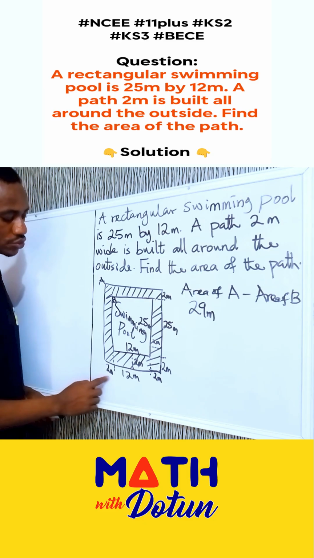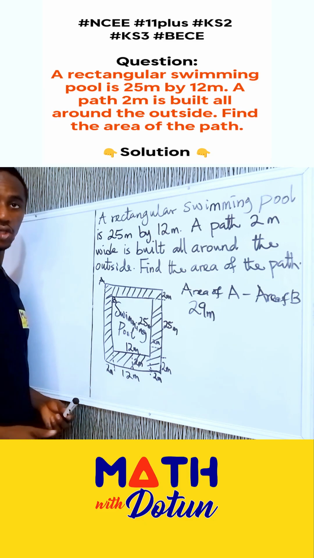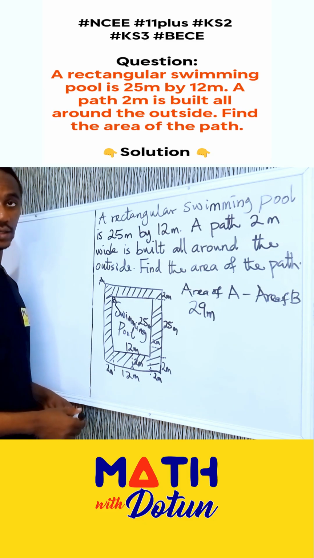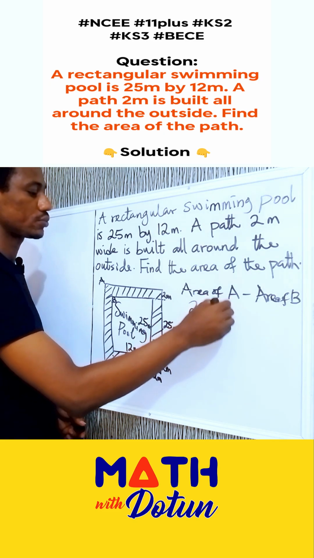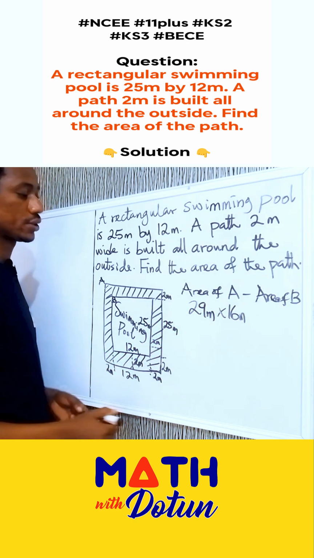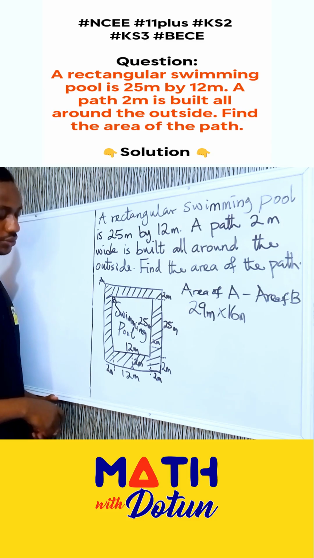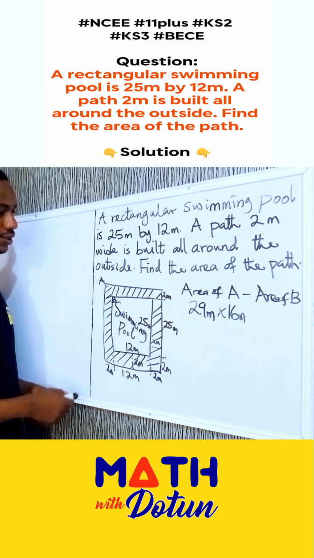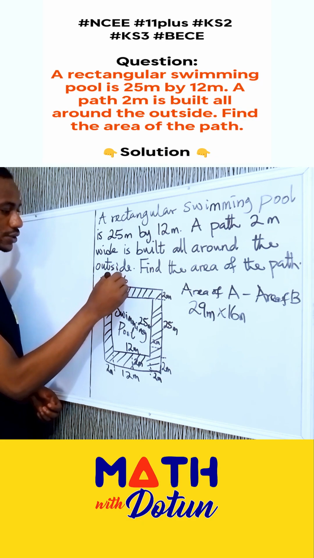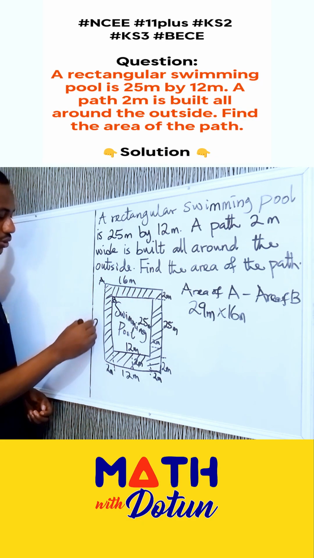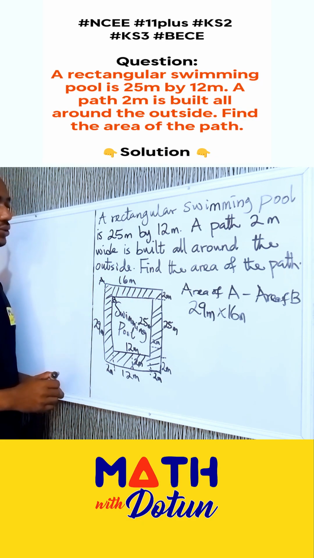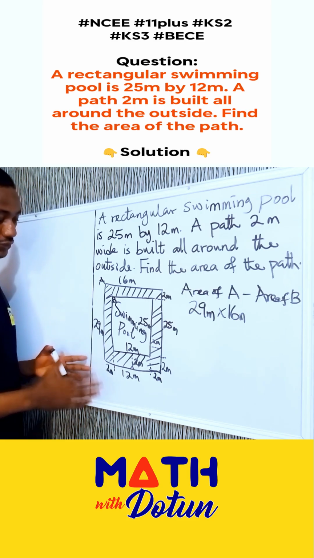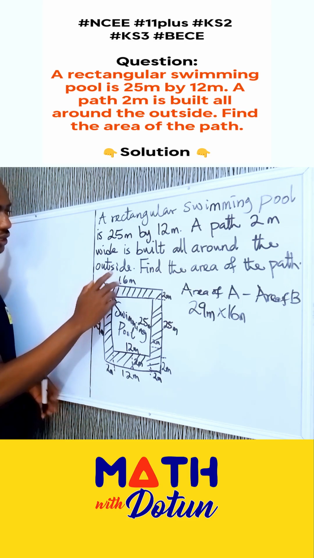So by the time you add 2 plus 12, you have 14, and 14 plus 2 is 16 meters. So rectangle A is 16 meters by 29 meters. I believe you've seen the way we got the 29 and 16.